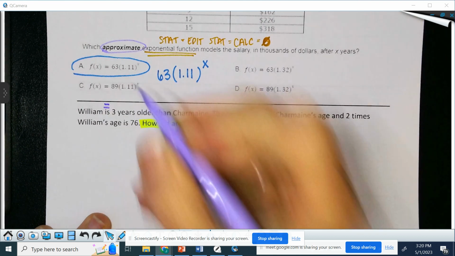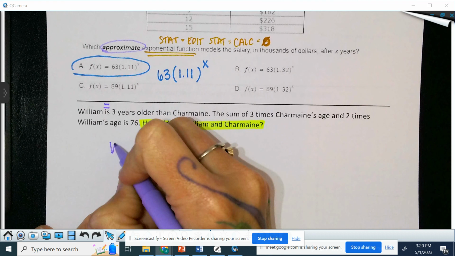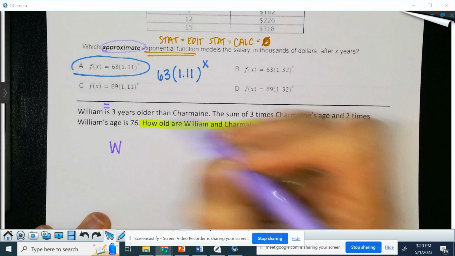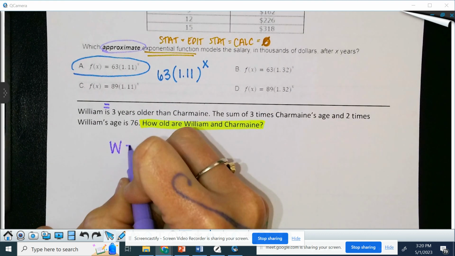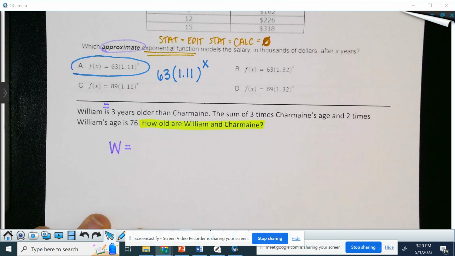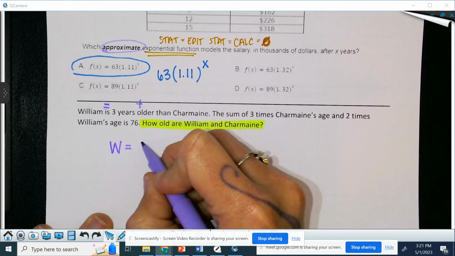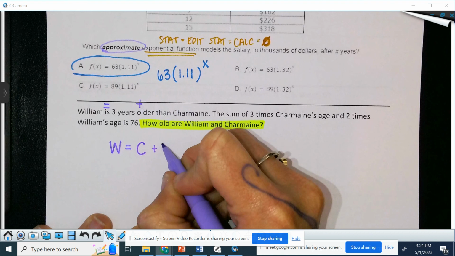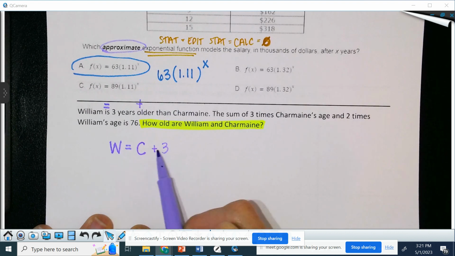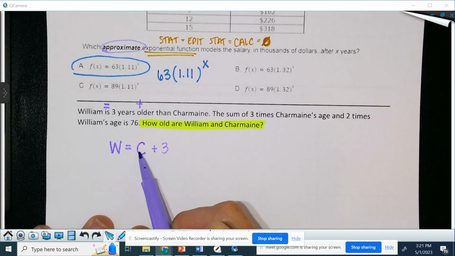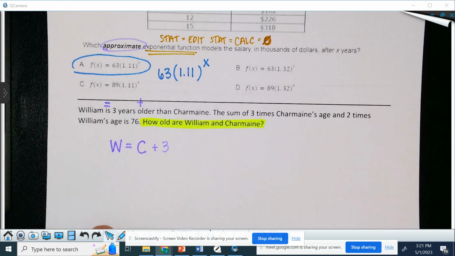So William, and I like to use the letters of the names because it helps me keep them separate, is 3 years older than Charmaine. 3 years older means we're going to add, subtract, multiply, or divide. Good. We're going to add, right? So 3 years older than Charmaine. So we're going to use a C for Charmaine, and we're going to add 3. So that's William is 3 years older than Charmaine as an equation. Perfect. First one's down.